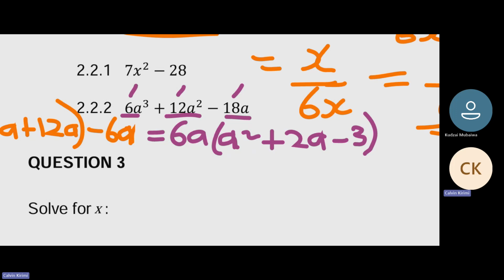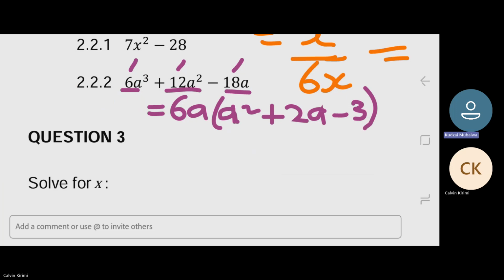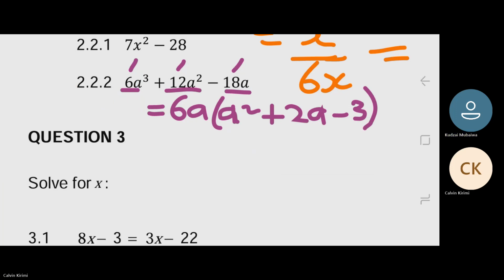Remember, we factored out 6A. Is that step clear? Yes, sir.